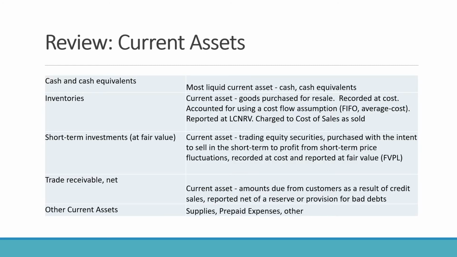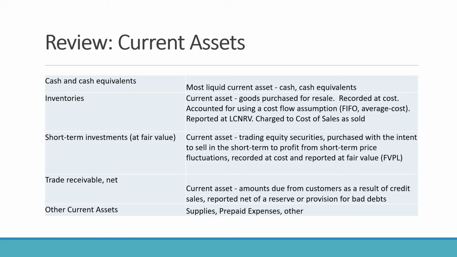So moving on to our current assets. Current assets include cash and cash equivalents, inventories, short-term investments, trade receivables, and then other items such as supplies, prepaid expenses, and some other types of current assets.